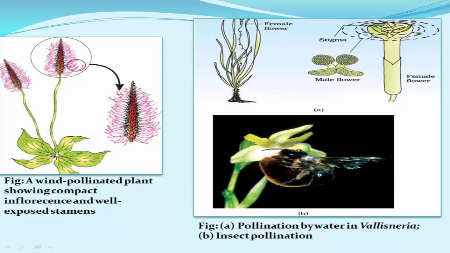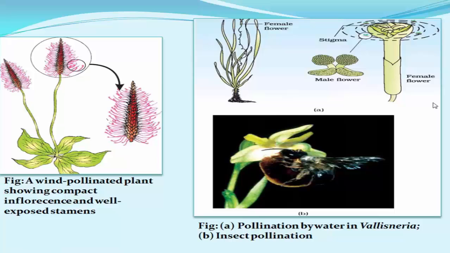It has three distinct parts. The pollen grain adheres to the stigma and the pollination is executed. Once the pollination is completed, the female flower is brought down into the water and allowed for fruit setting. This is the specific mechanism. Here you can see the trifid stigma in Vallisneria.